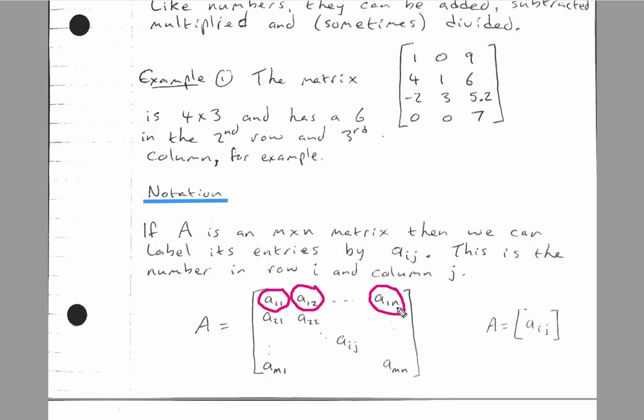Okay, first row, nth column. Alright, so it's a bit complicated, but again, just remember rows first, column second. So A sub 2, 1 is in row 2, column 1.